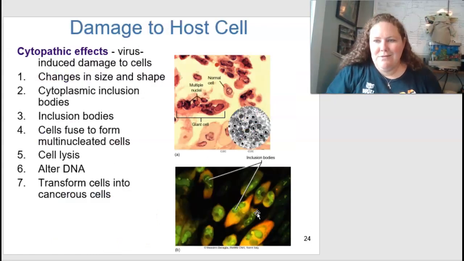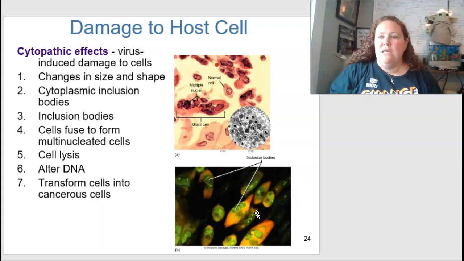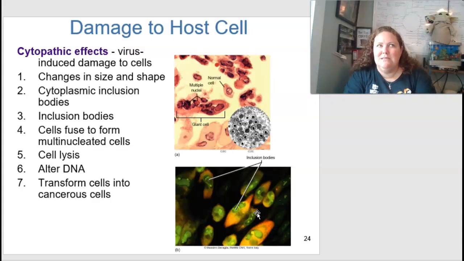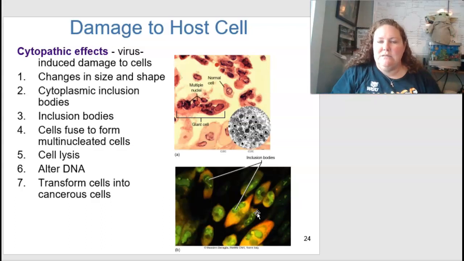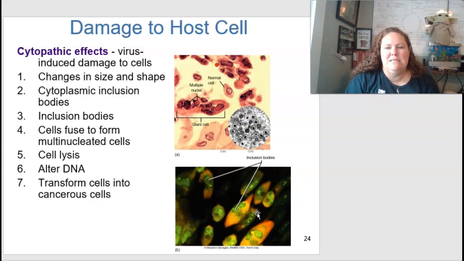So this can obviously cause damage to the host cells, and this is, in my opinion, why viruses can be so incredibly scary, because they're taking over and hijacking cells in your body. And so we can have these damages, and one would be the cytopathic effects. This would be the viral induced damage to the cells. So we can change the cell's size and shape. We can have cytoplasmic inclusion bodies.